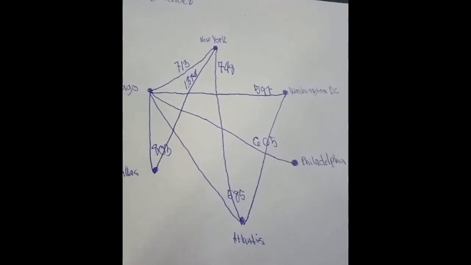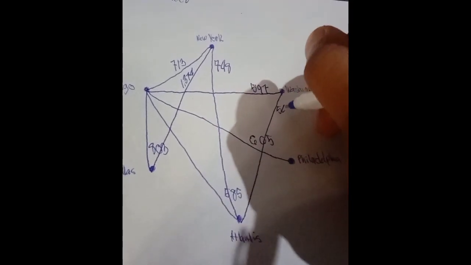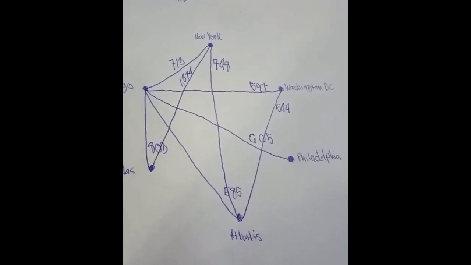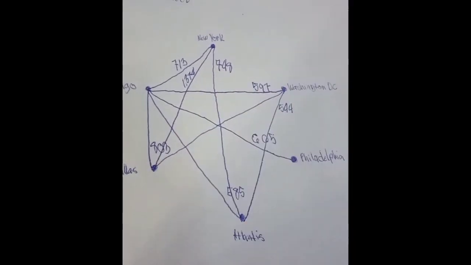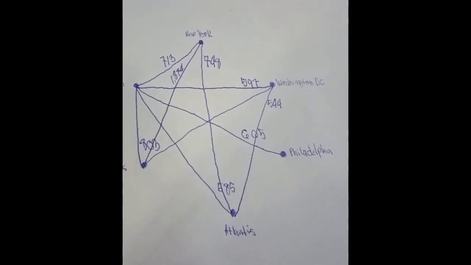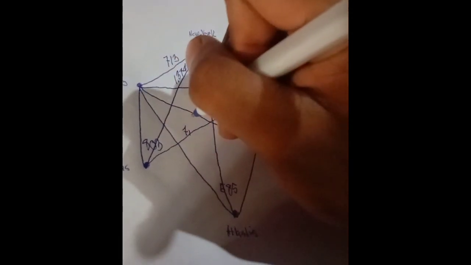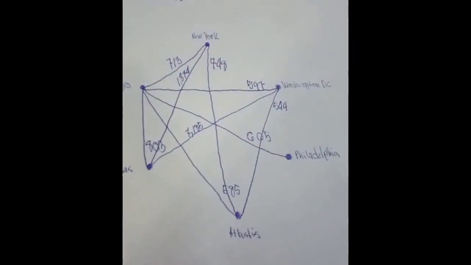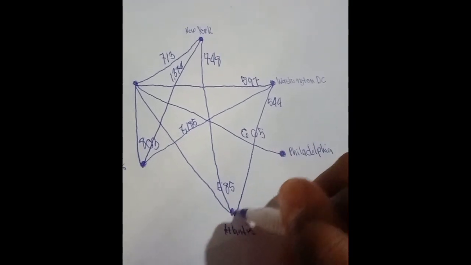Connect that. That would be 544. And Washington DC to Dallas. Connect that too. That would be 1,185. So, the next is Atlanta to Philadelphia.